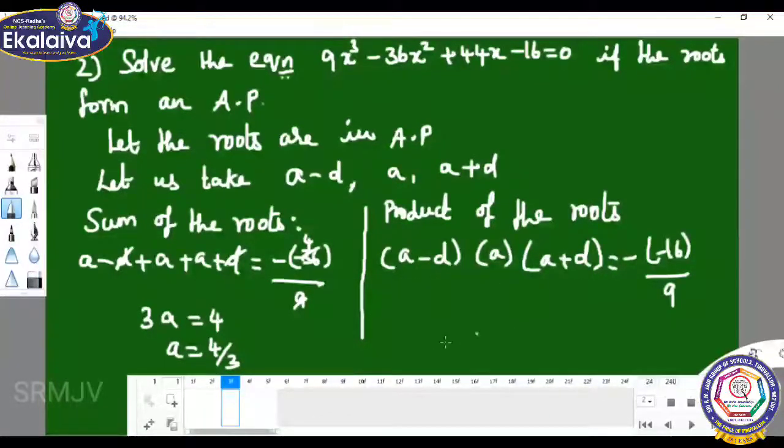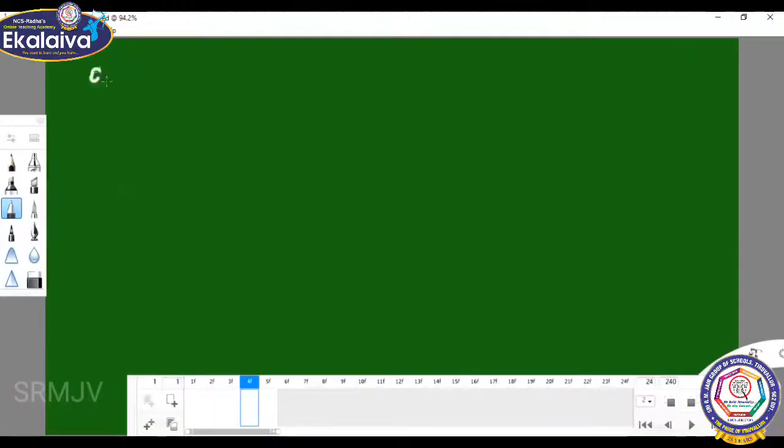Here A minus D into A plus D is nothing but A square minus D square. You know the identity formula: A plus B into A minus B equals A square minus B square. So A square minus D square into A equal to 16 by 9.